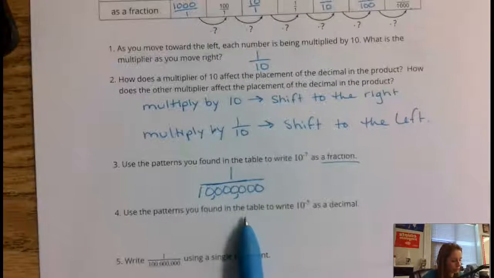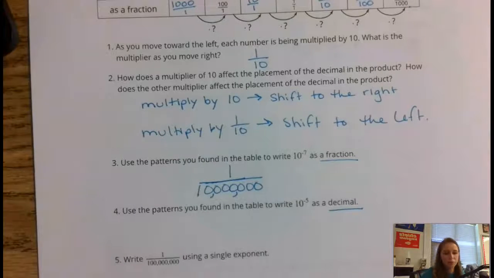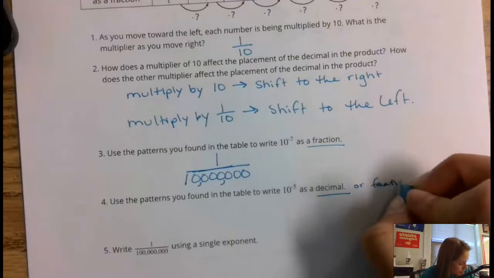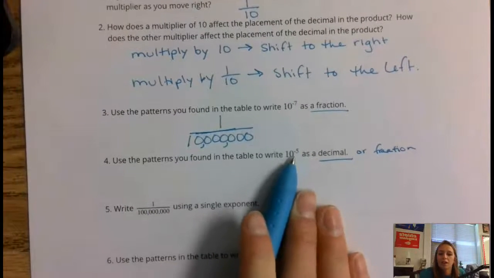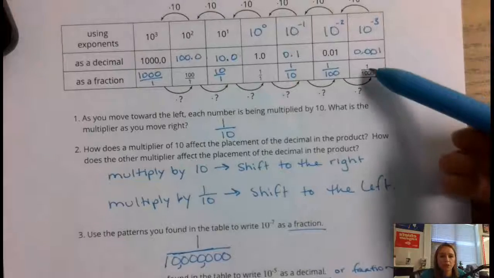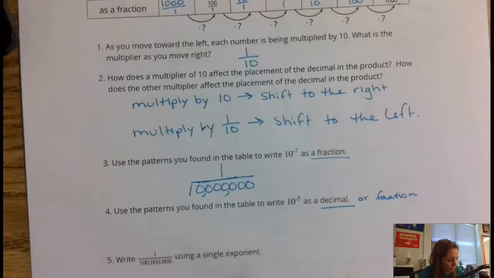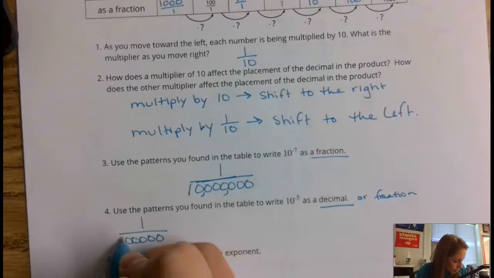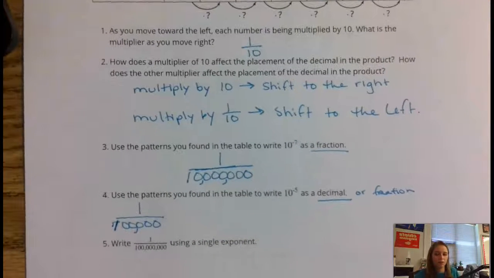Now use your patterns from the table to write 10 to the -5th as a decimal. Let's go ahead and practice writing that as a decimal or a fraction. Once again, we know this is a negative, so that means we're going to flip it to be in the denominator. Right here it's in the numerator, now we need it to be in the denominator. We know we're going to have 5 zeros, so it'd be 1 over 1, 2, 3, 4, 5, 1 over 100,000.